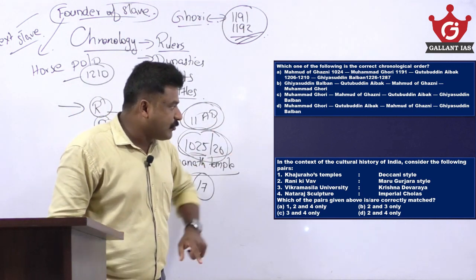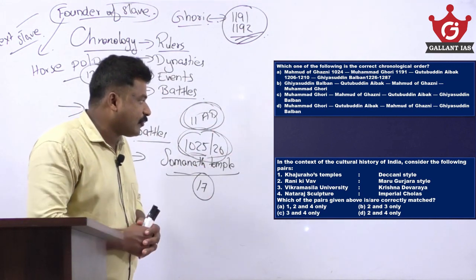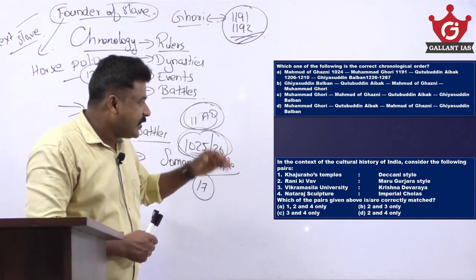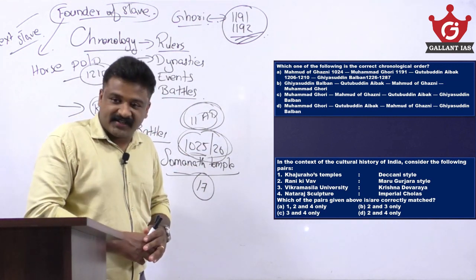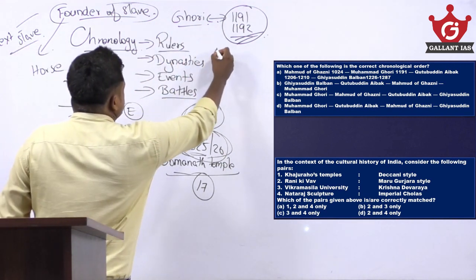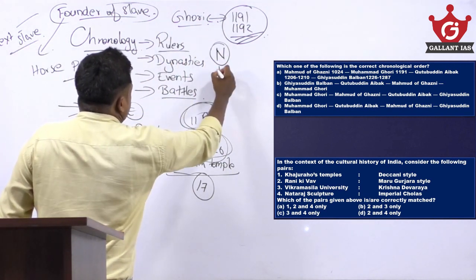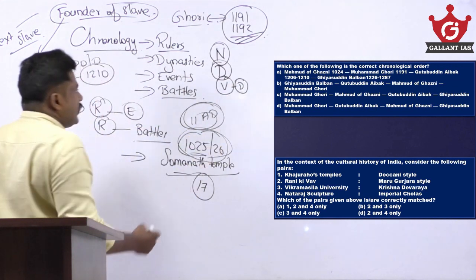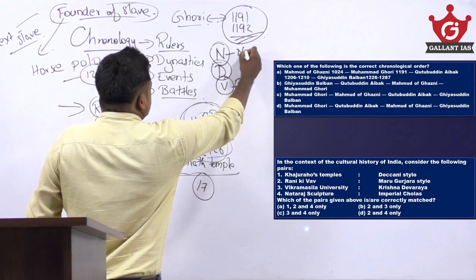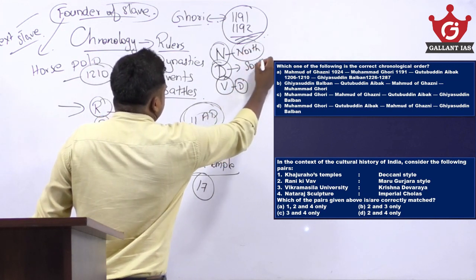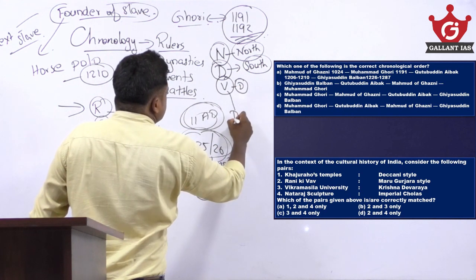Now, in the context of the cultural history of India, consider the following pairs. This is also a popular question from medieval India. Khajuraho temples, Deccani style. You know that there are 3 major temple styles in India: Nagara style, Dravida style, and Vesara style or Deccani style. Nagara is the North Indian style, Dravida is the South Indian style, and Vesara is the Deccani style.